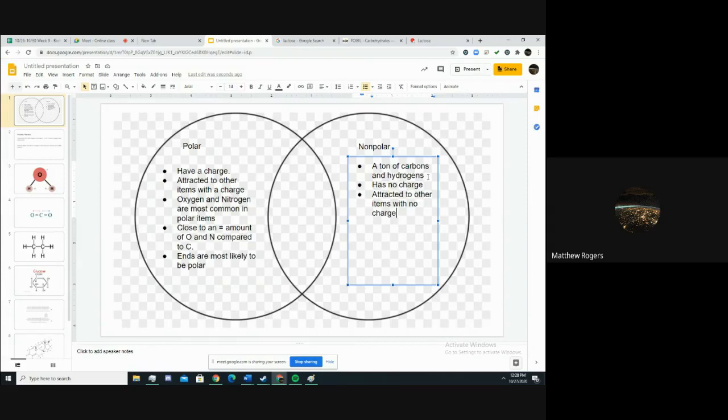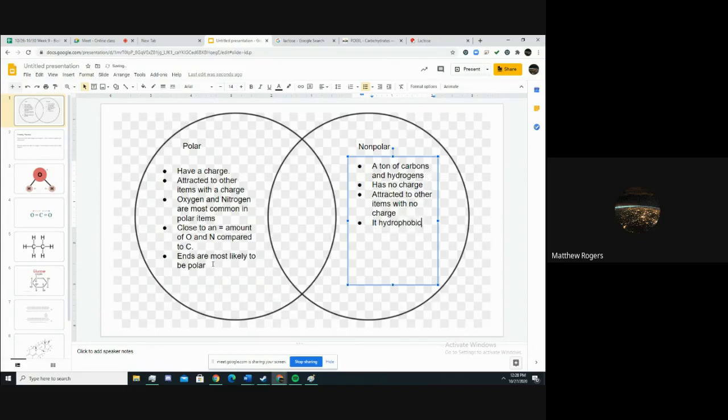No problem whatsoever. But they're kind of held to a different standard than polar things with water, and water wants nothing to do with them. Okay. And then non-polar, one last thing here is we're going to say it's hydrophobic.